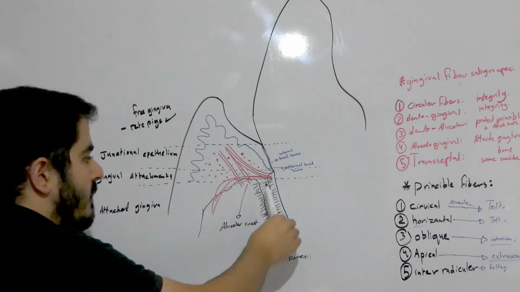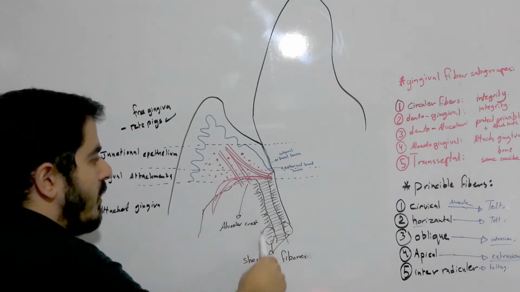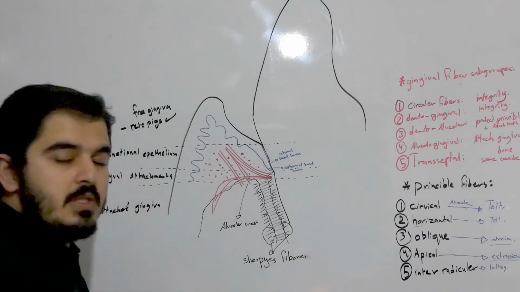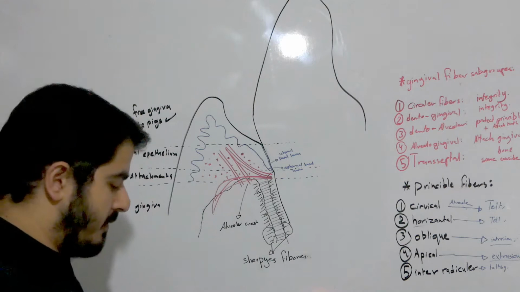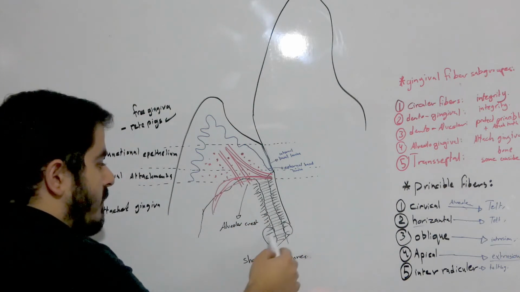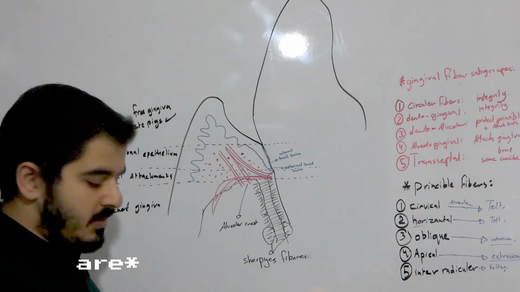As we can see here, the cementum and the alveolar bone are connected with many fibers called the principal fibers of the periodontal ligament. The parts of these fibers that are embedded into the bone are called Sharpey's fibers.